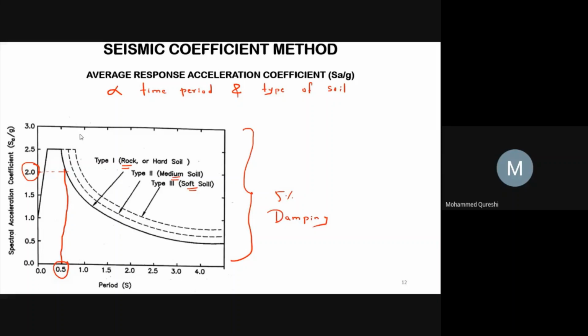The average response acceleration coefficient depends on the time period and the type of soil, and this figure is generally for 5% damping. And if your damping is other than 5%, then you have to multiply by the factors which are given in clause 6.4.2.